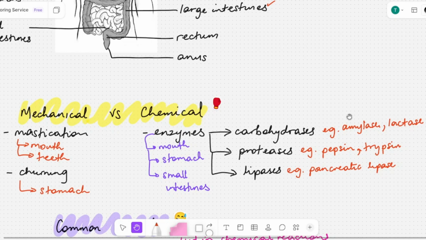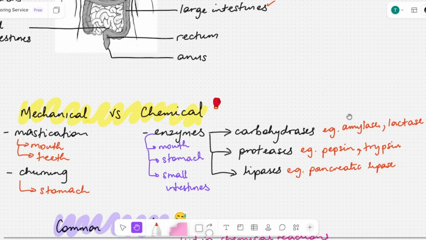So by the time it gets to the small intestines, it's non-functional. So it would be pancreatic amylase that is released from the pancreas, of course, an accessory organ. That is the amylase that would be functional in the small intestines.